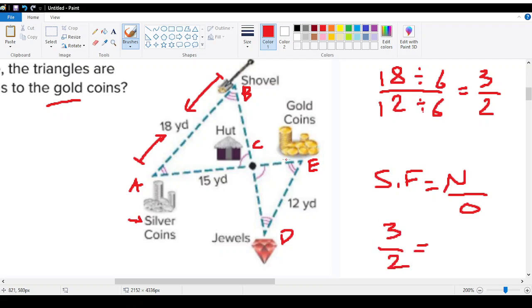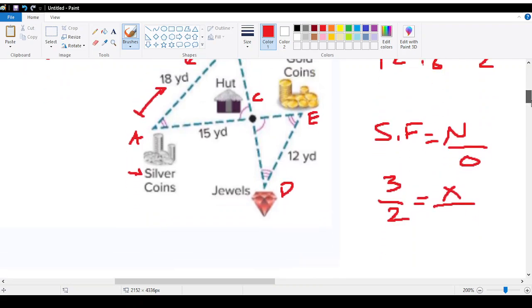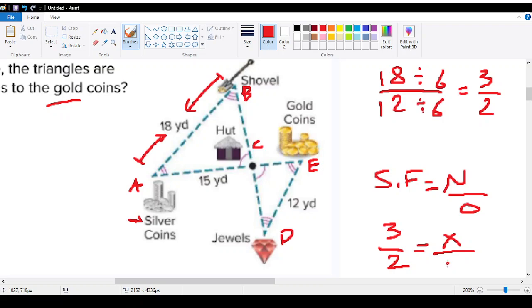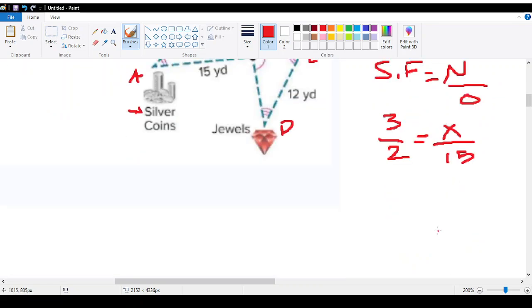Now, we are looking to find this one. This is the new one. I don't know it, so it's going to be x. Now, what is the old? 15. 15, correct. Yalla, let's do cross multiply.